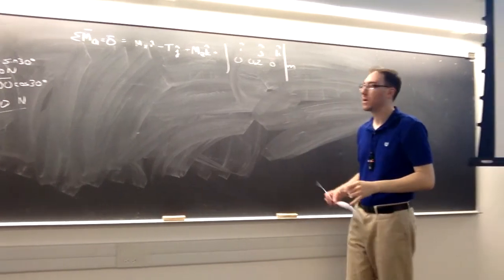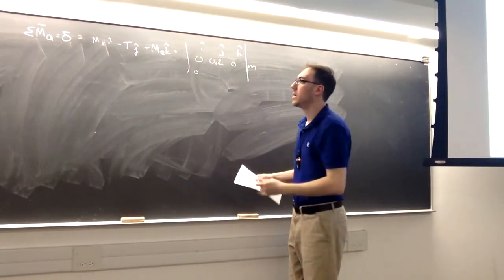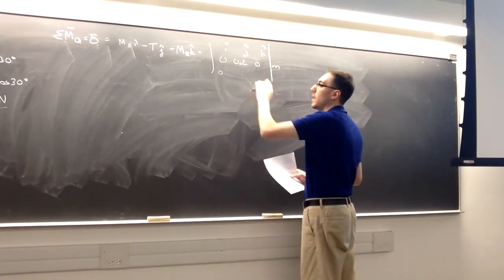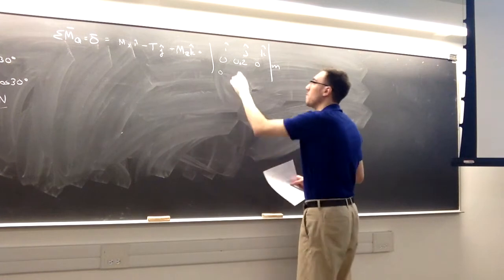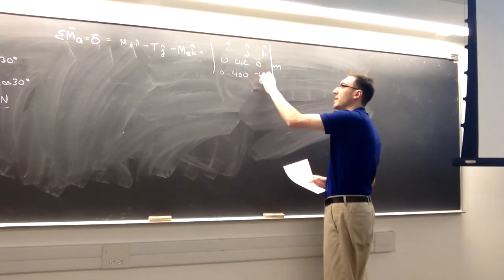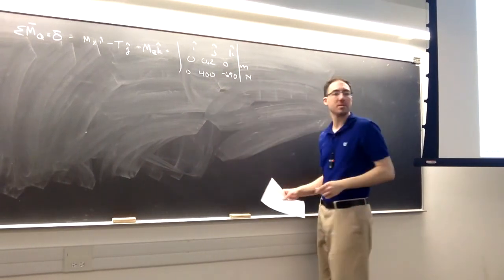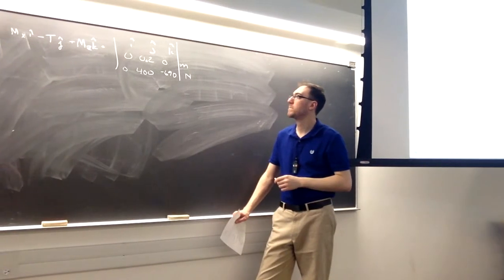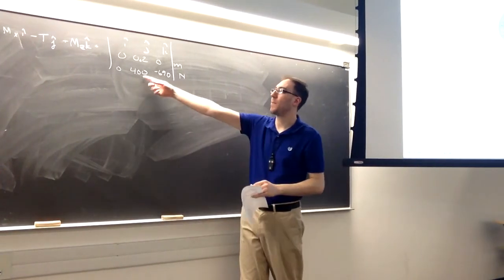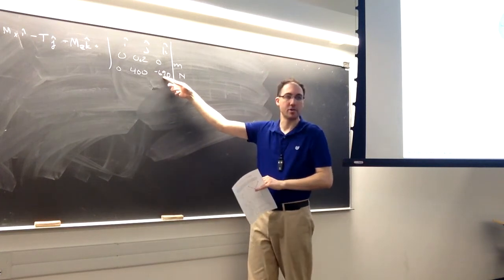And then the value of my force will be 0 in the i direction. In the j direction, to save room, it's positive 400. And the k direction, it's negative 690. And this is in newtons. This is just coming from 800 sine 30, negative 800 cosine 30.